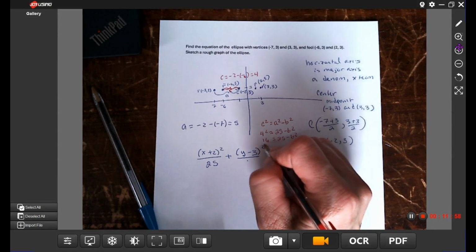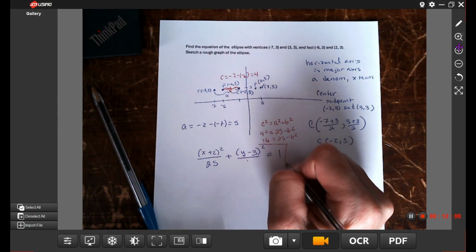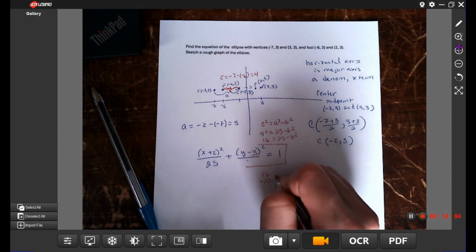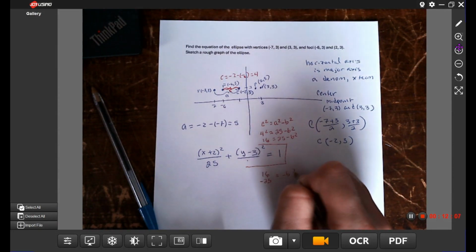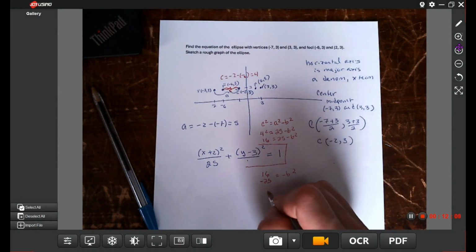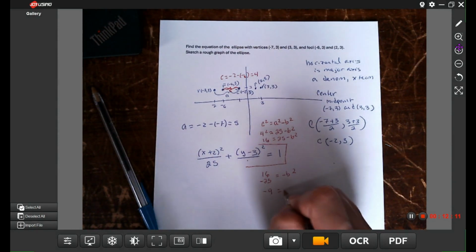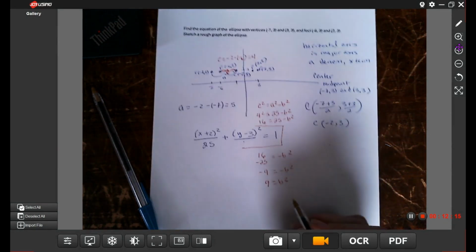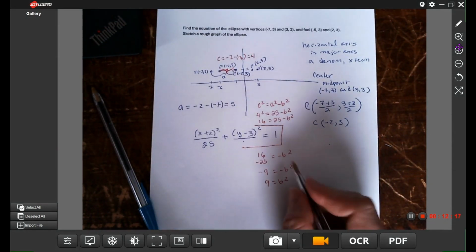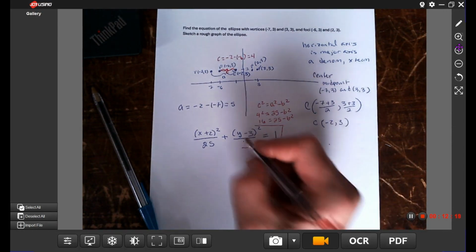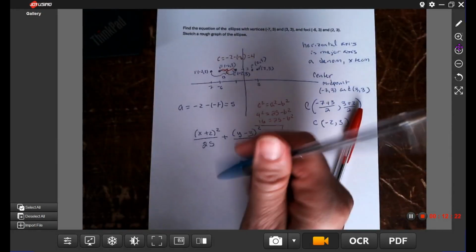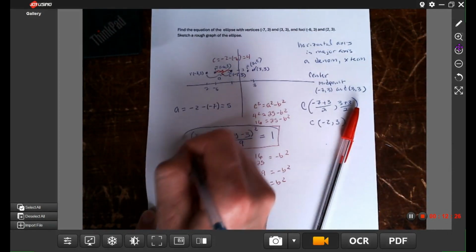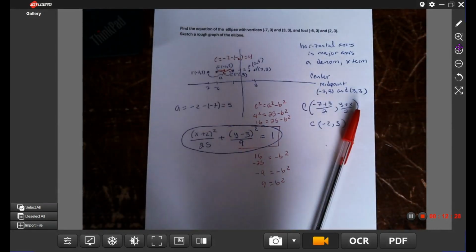Sorry that I spilled over into this, I'm going to jump down here. 16 minus 25 is equal to negative b squared. So this is negative 9 equals negative b squared. So 9 equals b squared, and a and b are positive, so that means b is 3. But I really need the 9 for the denominator, so this denominator is b squared, which is 9. So I have my equation.